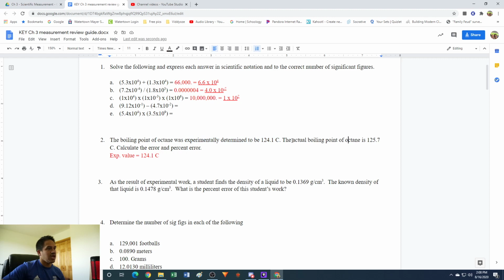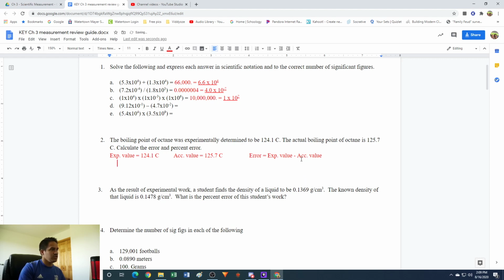And they tell us that the actual boiling point is 125.7. So our accepted value is 125.7 Celsius.